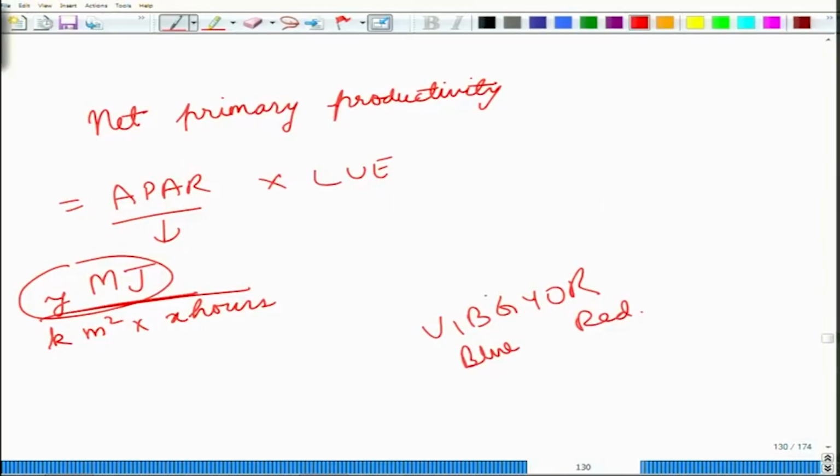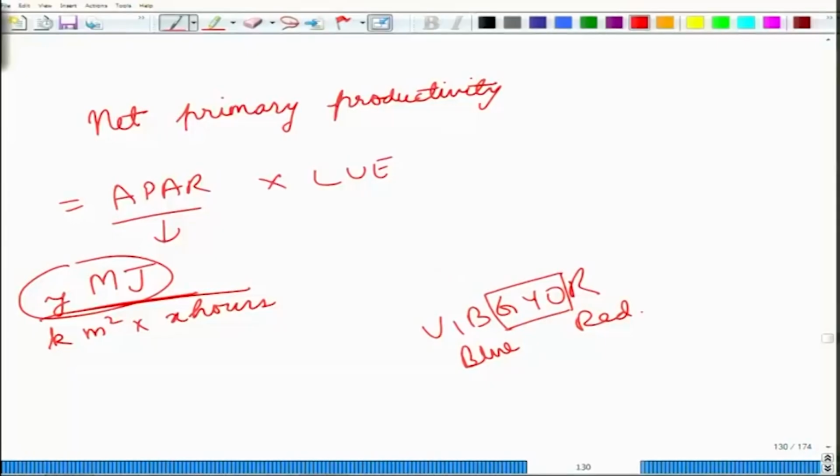The other radiations, say green, yellow, orange, are mostly reflected by the plants and are not used for photosynthesis. Because green is mostly reflected, the leaves look green in color. So, green is not used for photosynthesis, whereas red and blue are. We are only considering that portion of the spectrum that is used in the process of photosynthesis. So, that is photosynthetically active radiation.